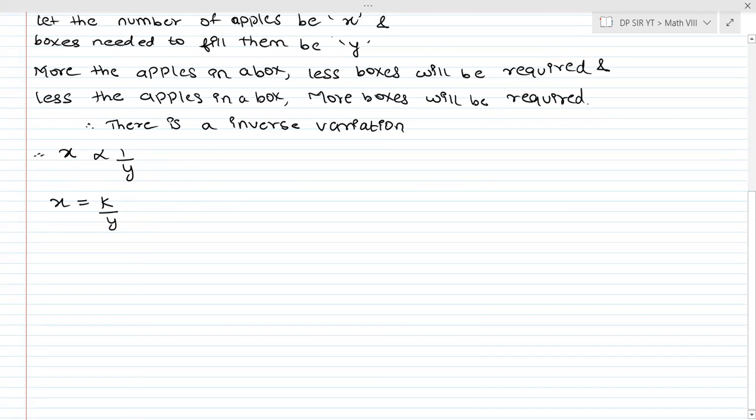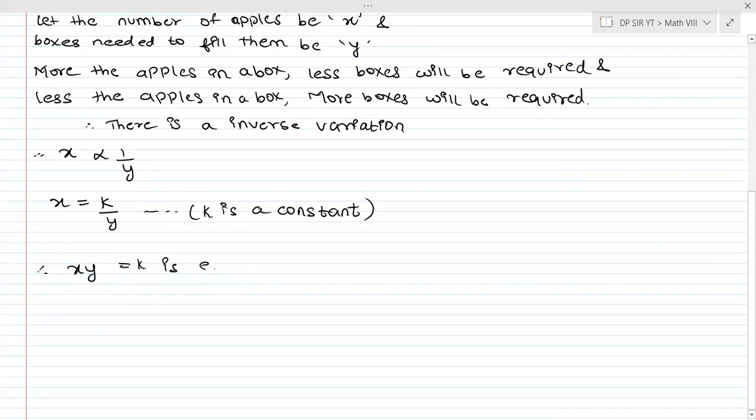Just give me a moment, students. So x is equal to k upon y, where k is a constant. Therefore, x is equal to k upon y can also be written as xy is equal to k. Okay.